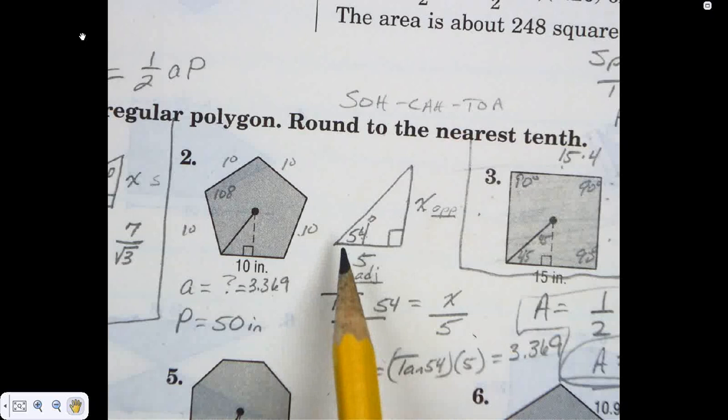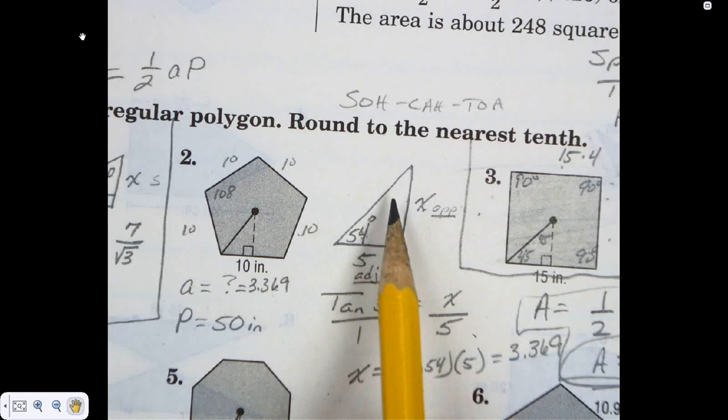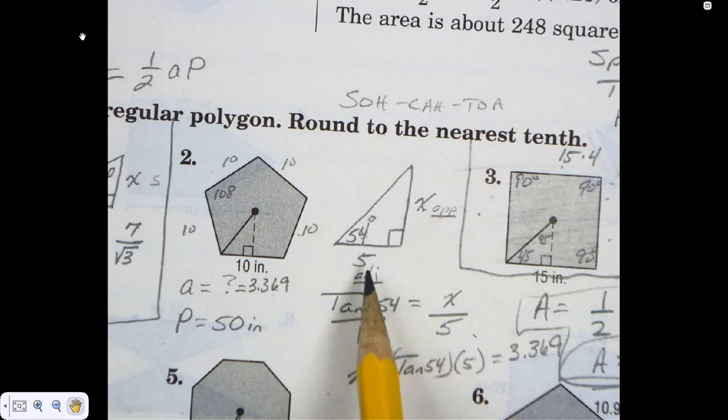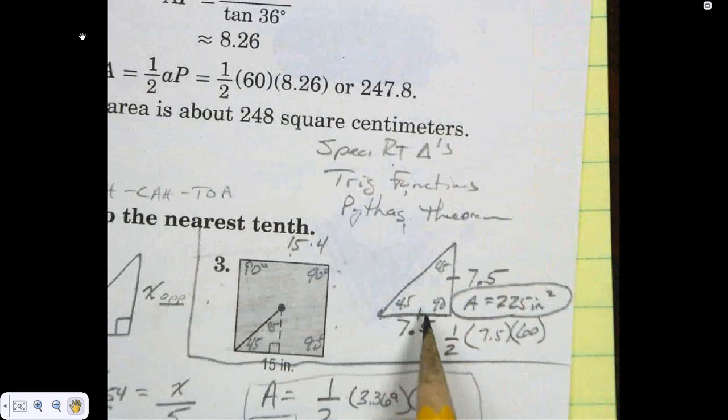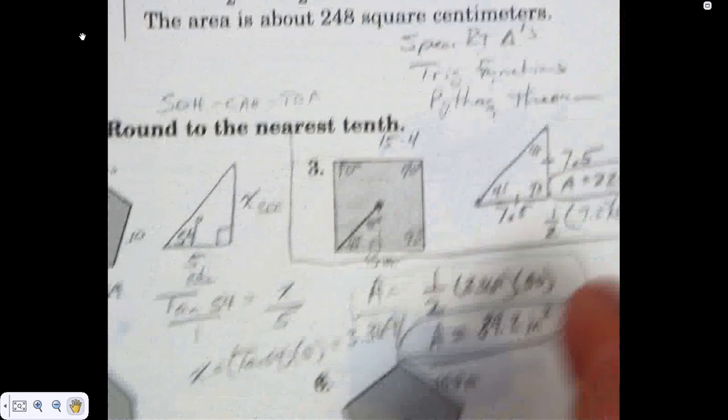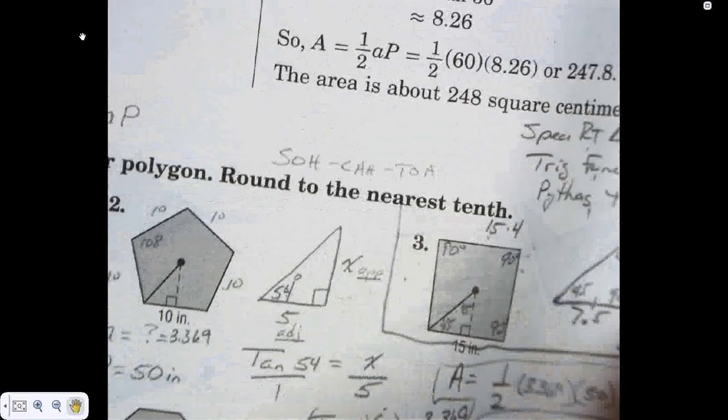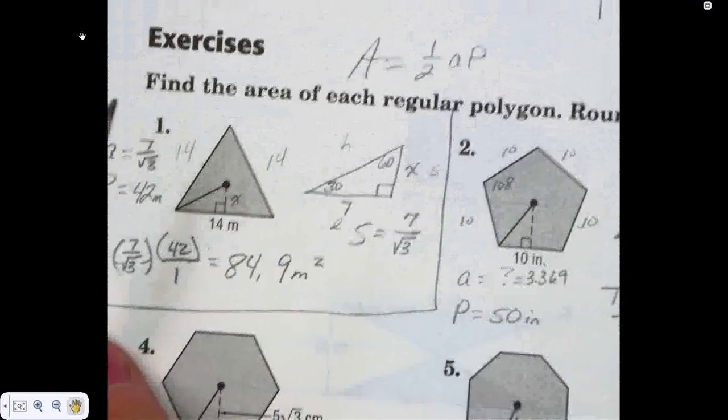Is 54, 36, 90 a special right triangle? No. So we had to use trig functions. However, we had a special right triangle here. It was a little easier. And we had a special right triangle on number 1. Okay?